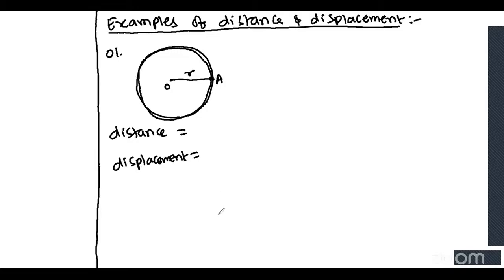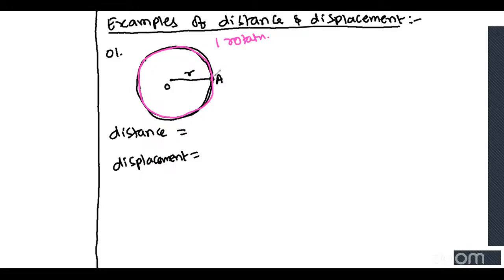That means particle completed one rotation. Suppose if particle completes one rotation, you can see distance means path traveled by the object from initial position to final position.